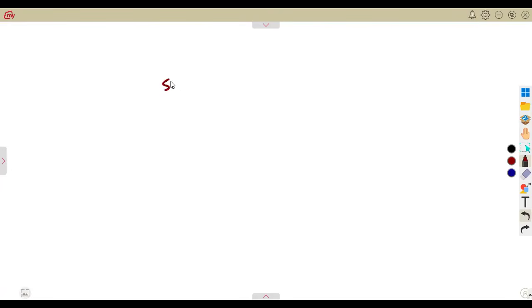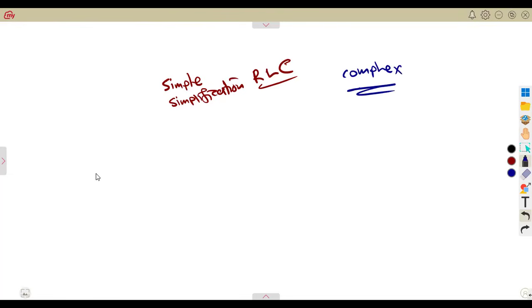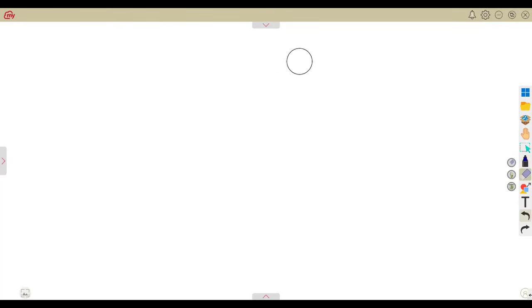Remember before, you had a simple simplification of our RLC circuits. We want to see where we're going to apply this. So instead of working that, we can use the complex notation in simplification. That is where our complex numbers, the J notation, is playing a role.